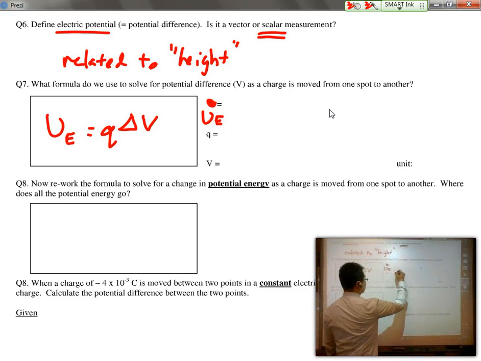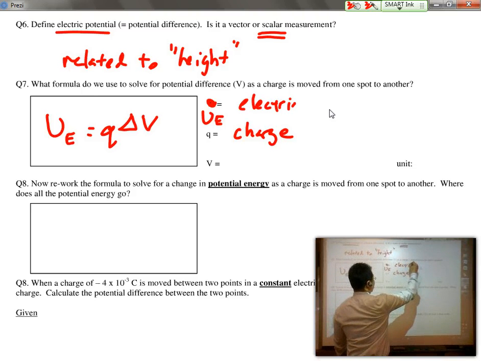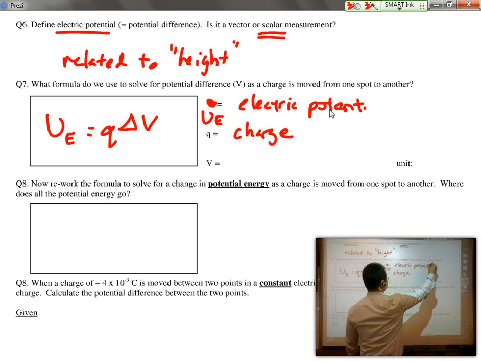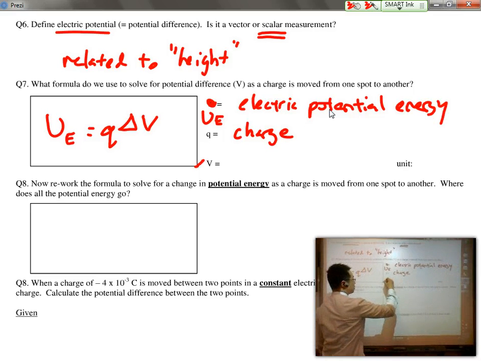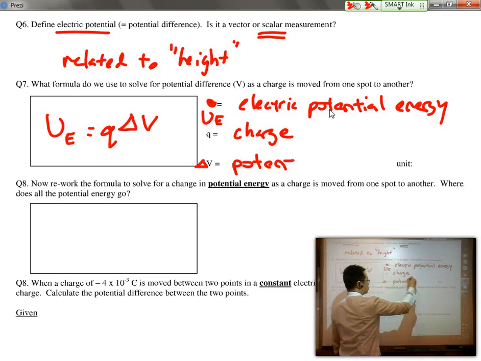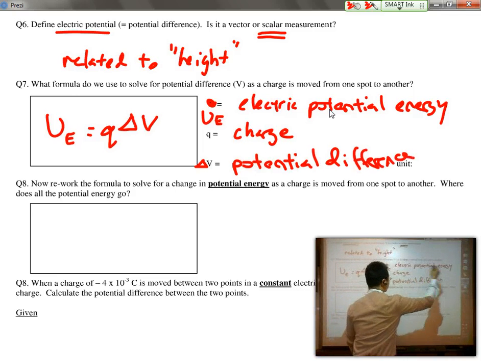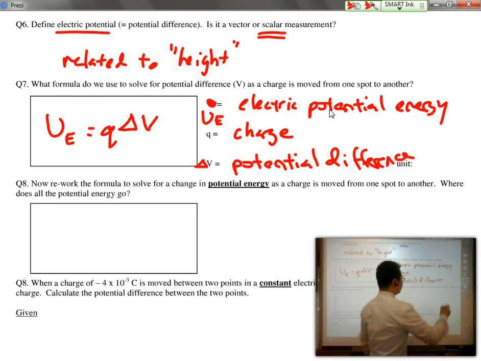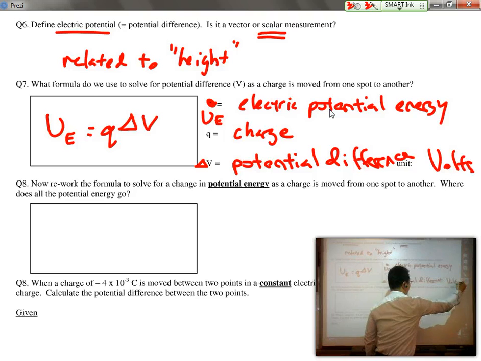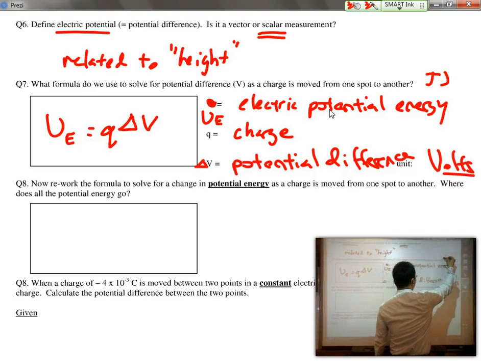So Q is going to be charge, UE is electric potential energy, and delta V is potential difference. By the way, the unit for voltage or potential difference is simple because it's simply volts. The unit for energy, of course, is still going to be what it usually is, joules.